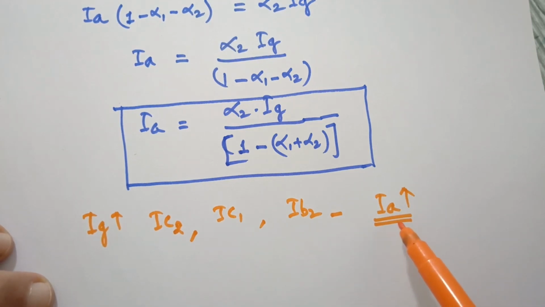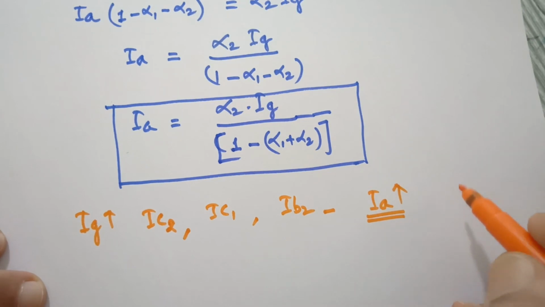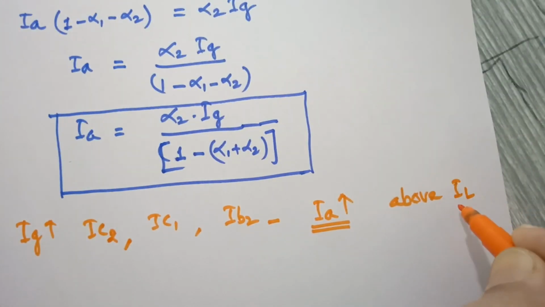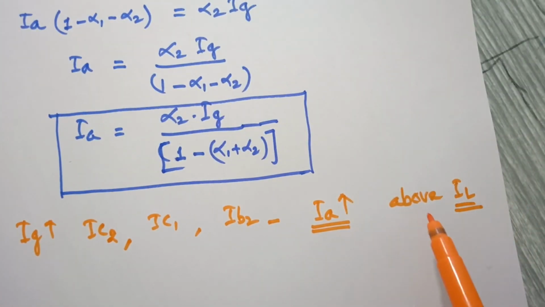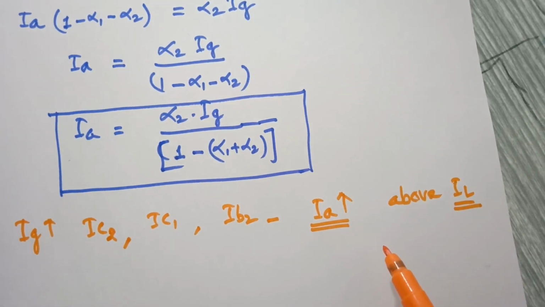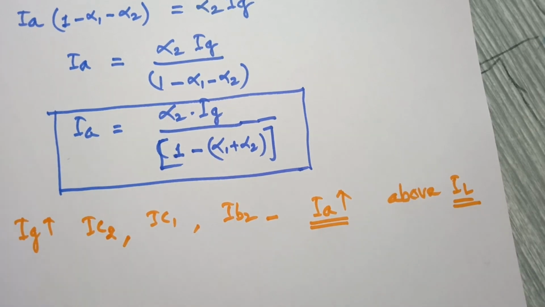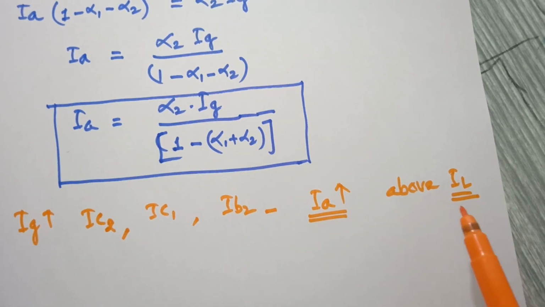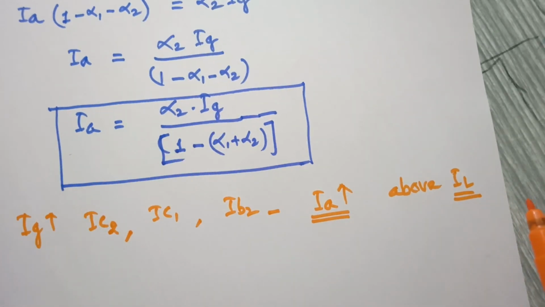But you know that as anode current increases above the latching current, what happens? SCR turns on. Latching current is the minimum anode current required for SCR to go from off state to on state, guaranteed. And you also know that once SCR fires, the gate current has nothing to do with it afterwards.